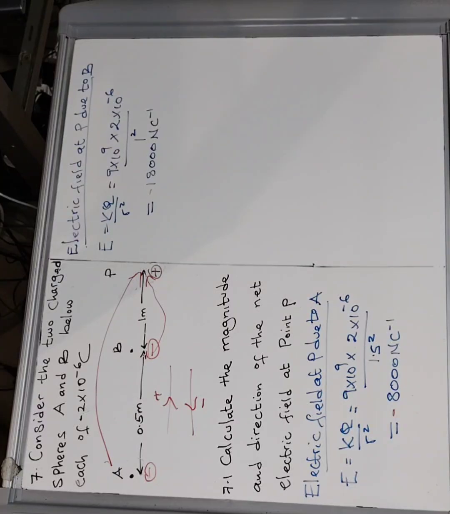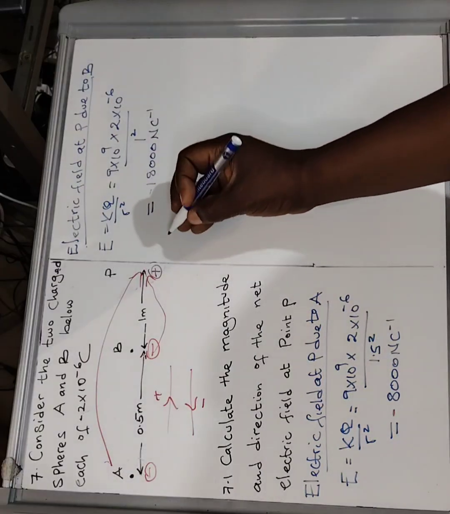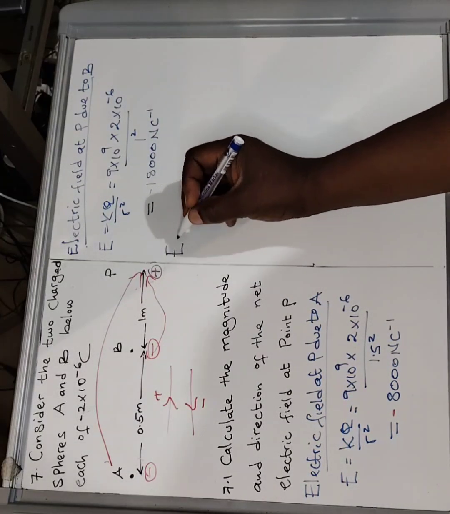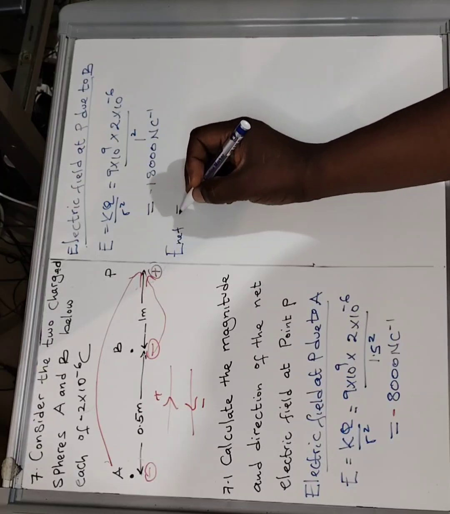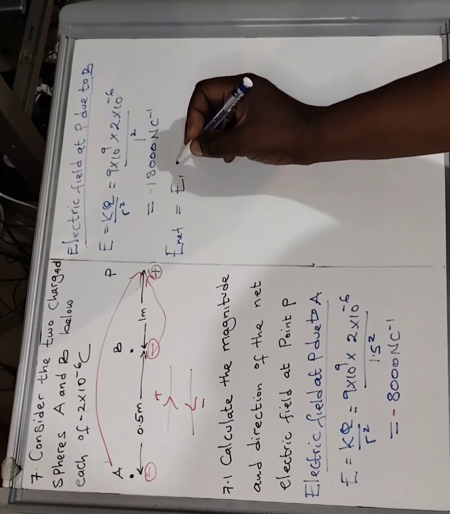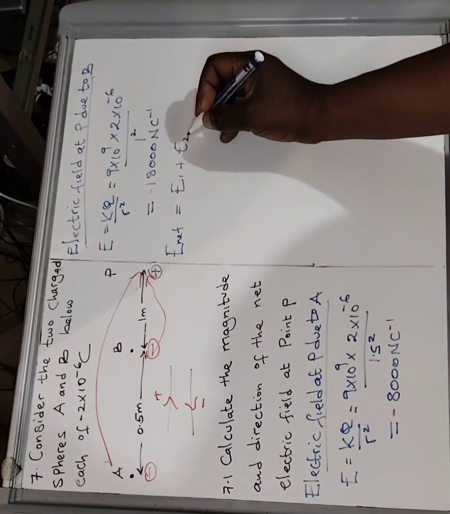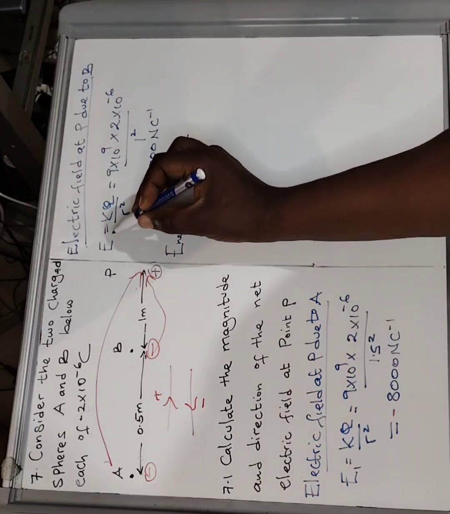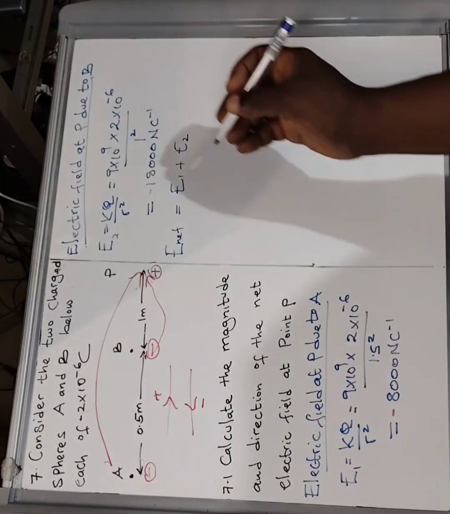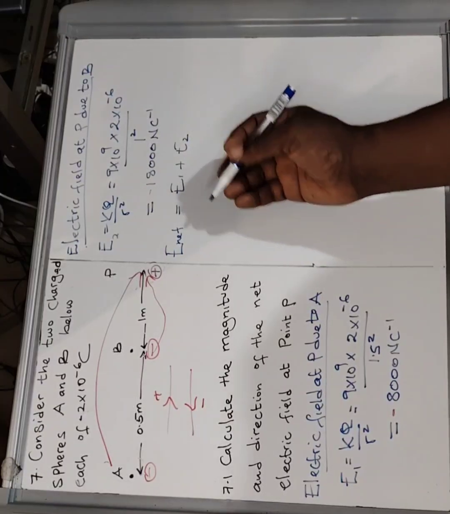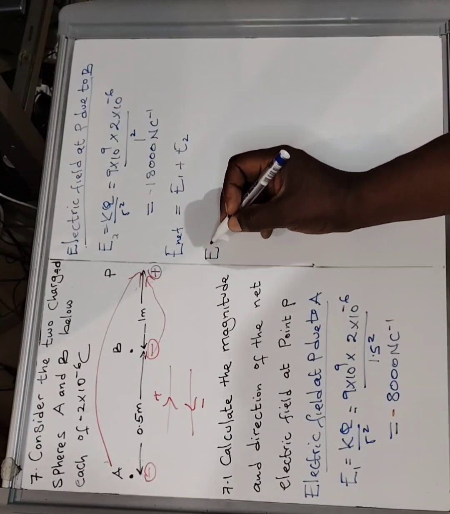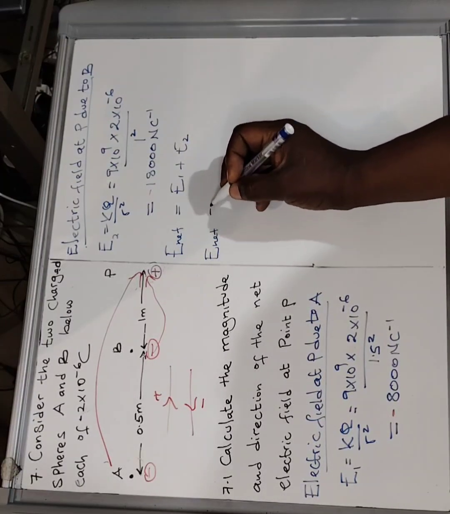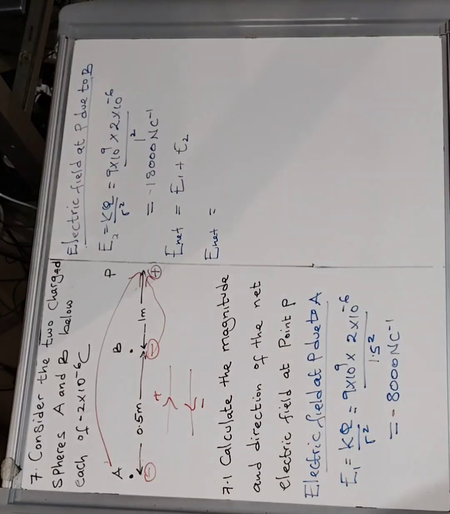Okay, what comes next is going to be our net electric field, given by E net equals E1 plus E2. So assume this one is our E1 and this is our E2. What is next is going to be substitution. So let's substitute and see.